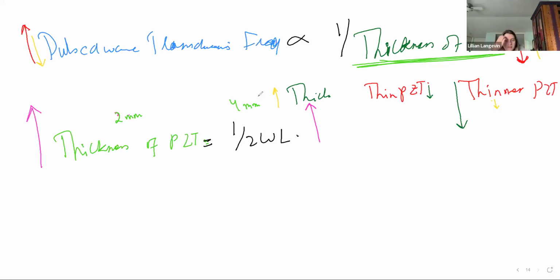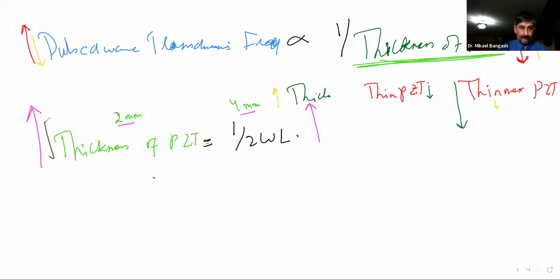Yes. Whereas, if our PCT was one millimeter thick, then it will produce a wavelength which was 2 millimeters.